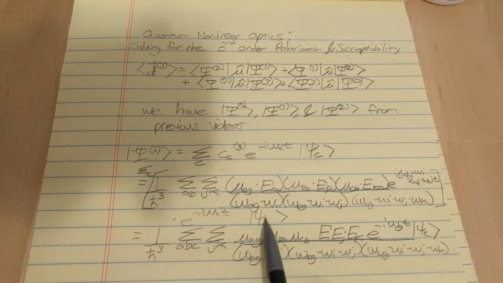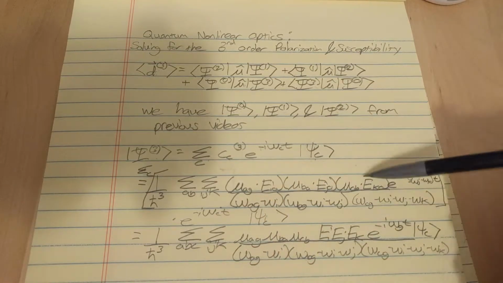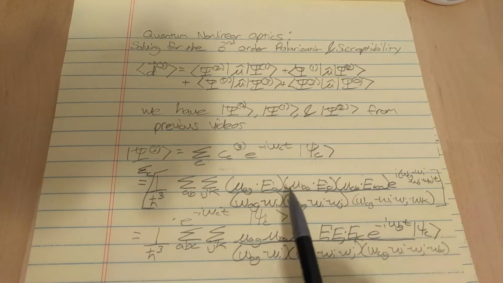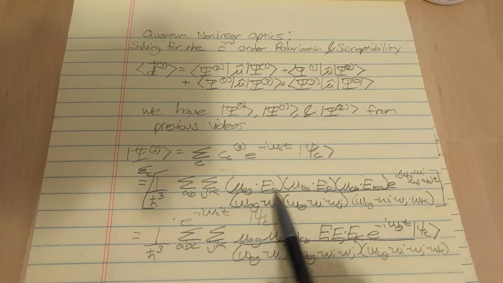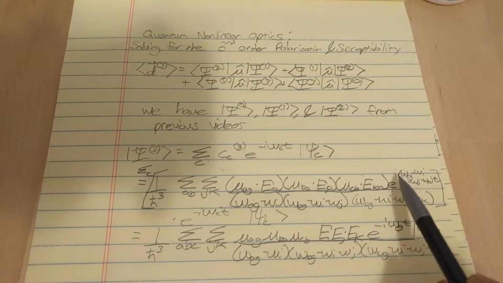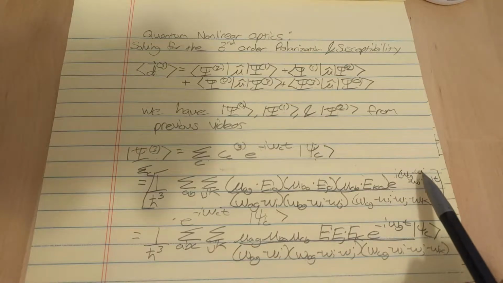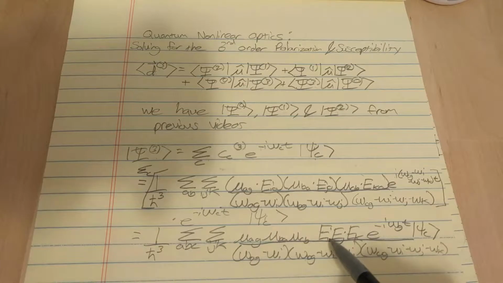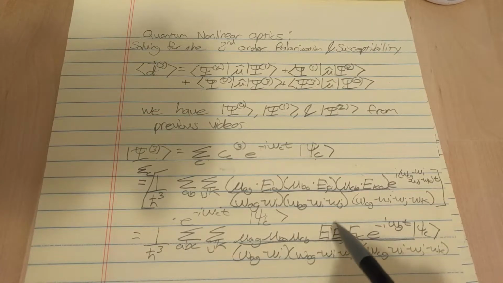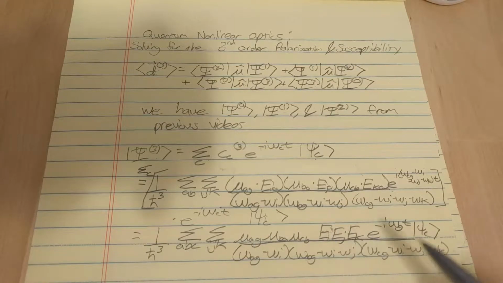Okay, and also I sort of skipped a step here where I wrote e to the i k naught times e to the minus i omega sub i times t as E sub i, because that's just the whole electric field spatial and temporal dependence.